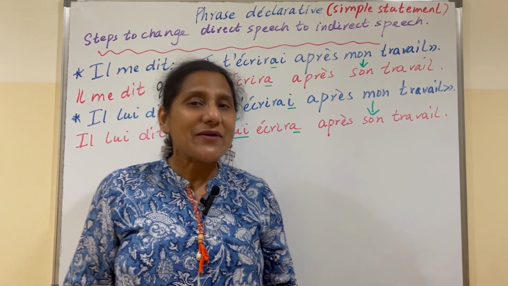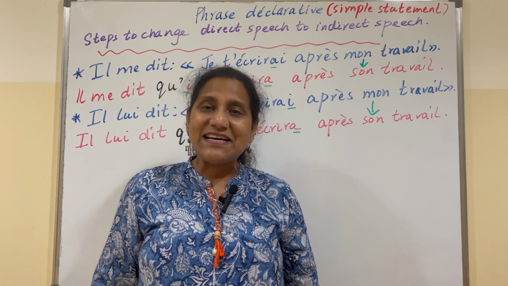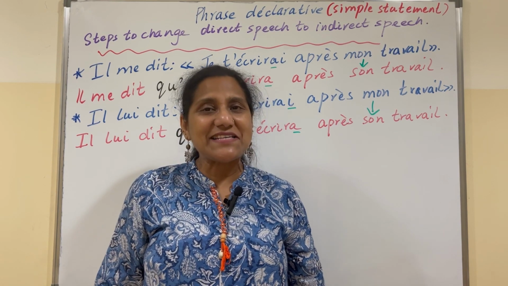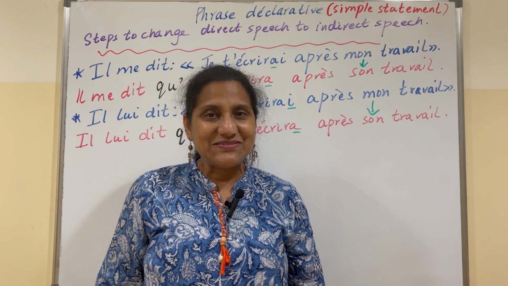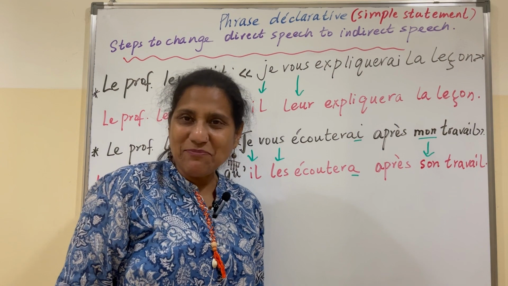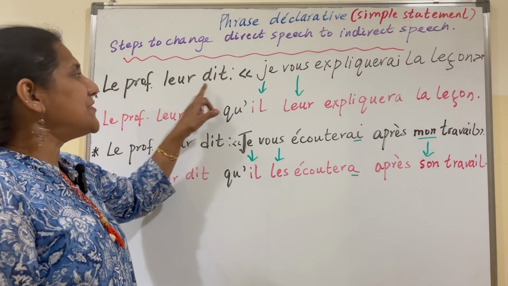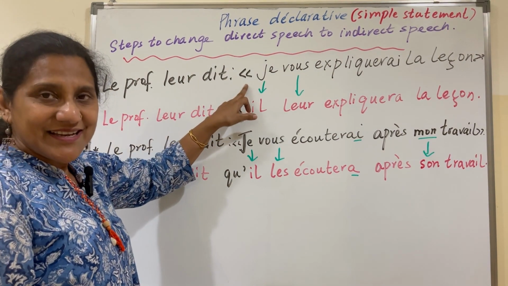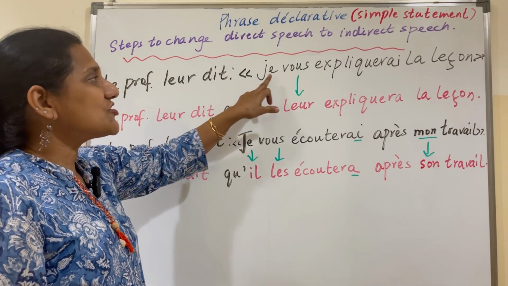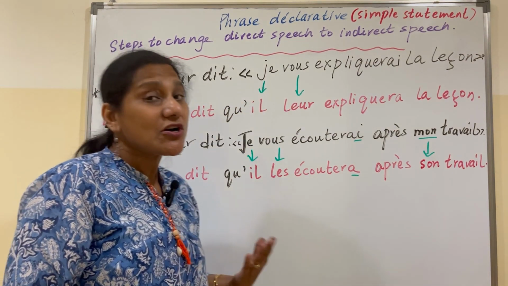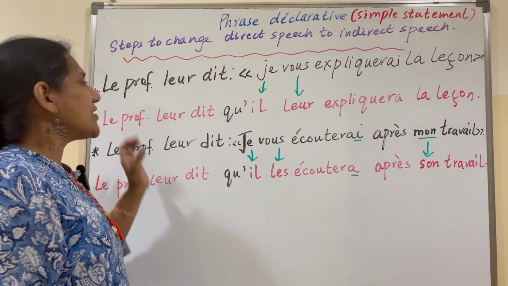Let's look at some more examples to understand how to change direct to indirect speech. Let's look at another example. Le prof le dit, colon, inverted commas, start, je vous expliquerai la leçon, close the quotes. Now, what does my rule say?